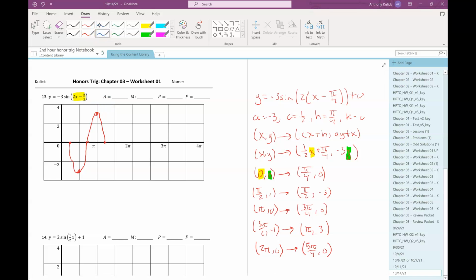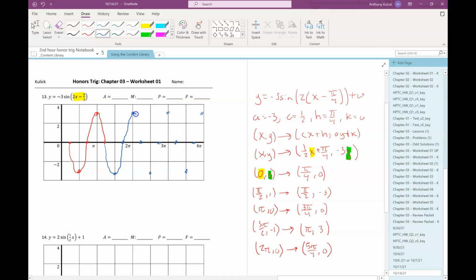Okay with that? And then I'm just going to extend this following that same pattern to fill the rest of the space provided. So here we go: down to a minimum, back to the midline, up to a maximum, back to the midline, min, midline, max, midline, min, midline, max.